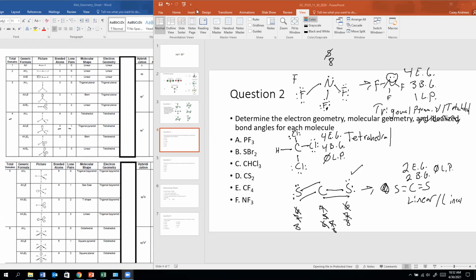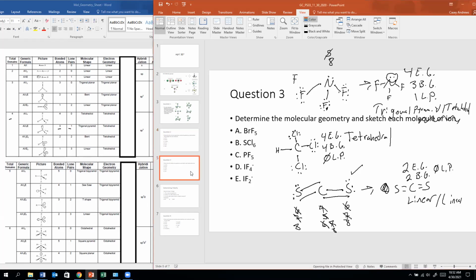So last call, questions about what we're doing here in terms of Lewis structures and molecular geometries. And I believe question 3.